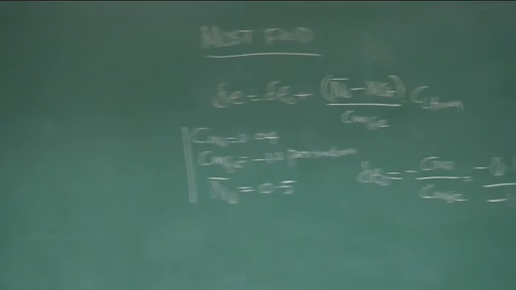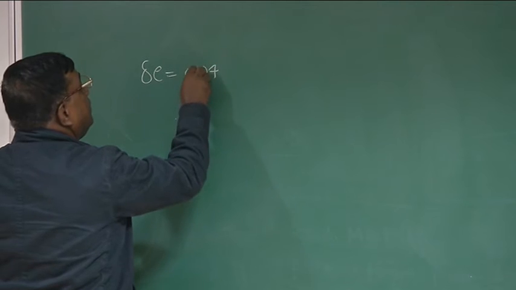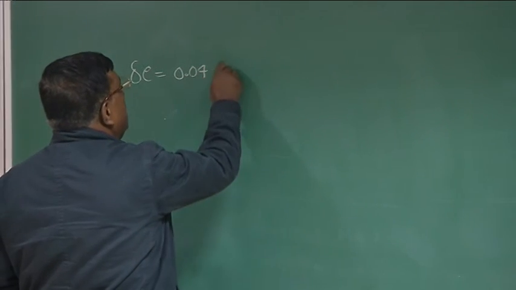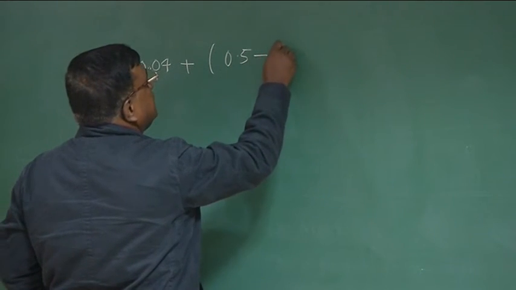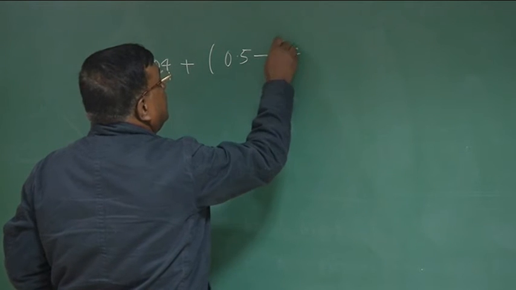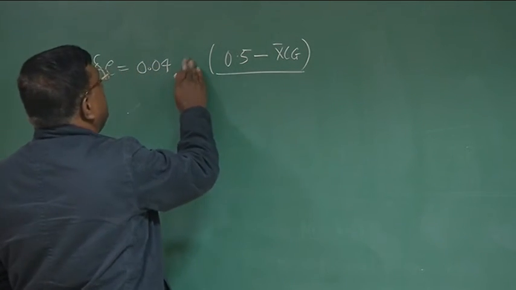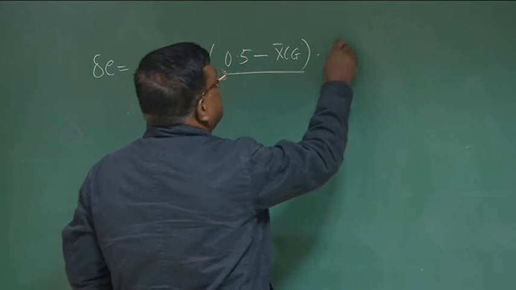So I get delta E equal to 0.04, then plus n naught is 0.5 minus xCg bar divided by minus 1. So Cm delta E is minus 1. So I put it here a minus sign into CL trim.